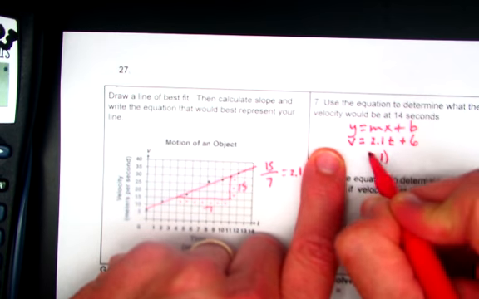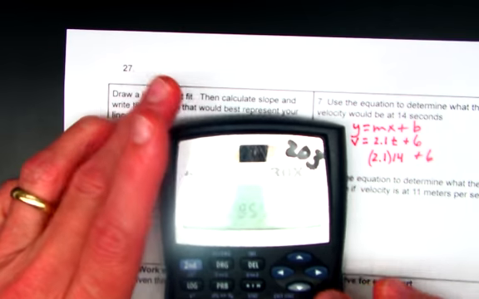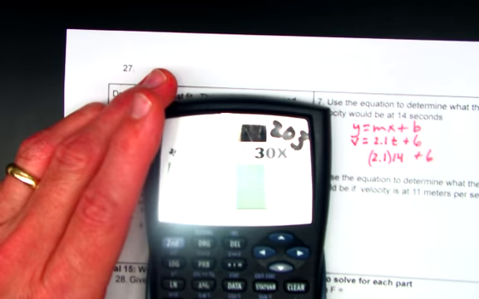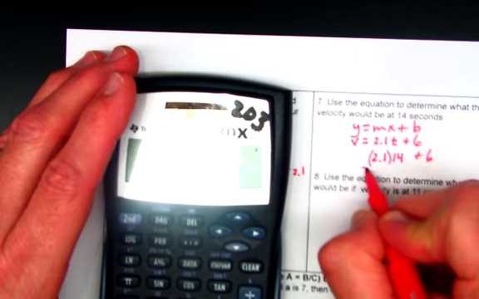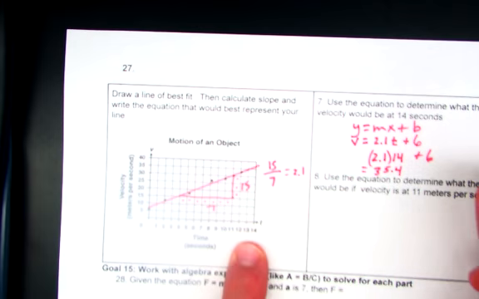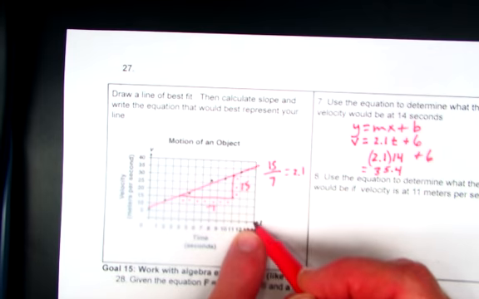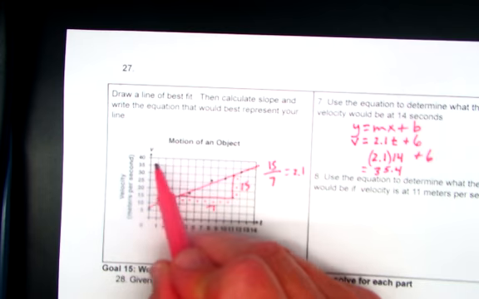So 2.1 times 14 plus 6 is the math I'm going to have to do. It turns out to be 35.4. We're hoping that's close. At 14 seconds, we can do a quick check. Sure enough, it's pretty close to 35.